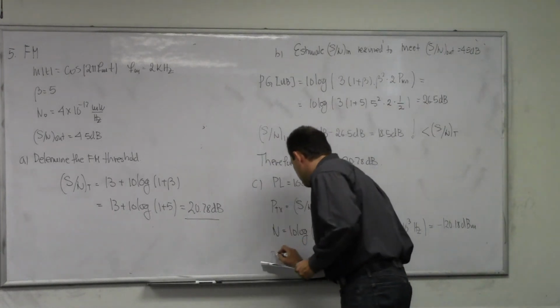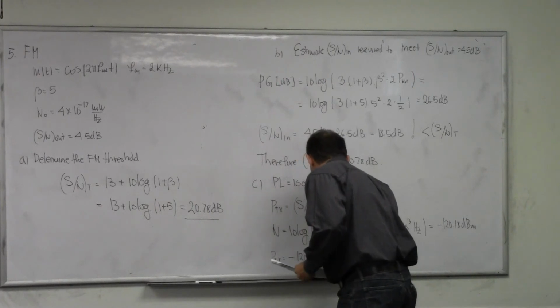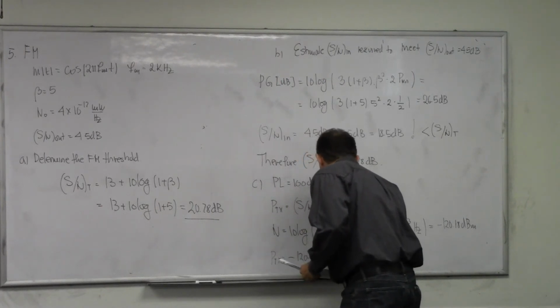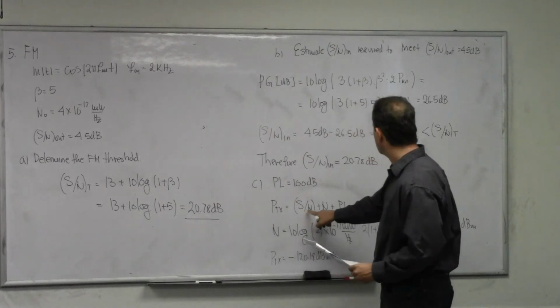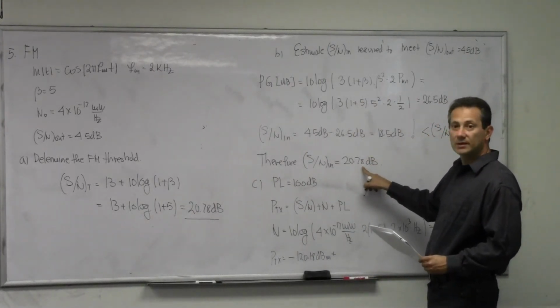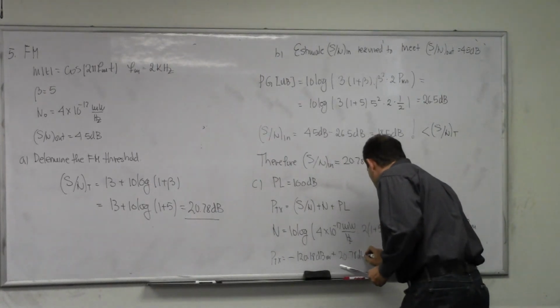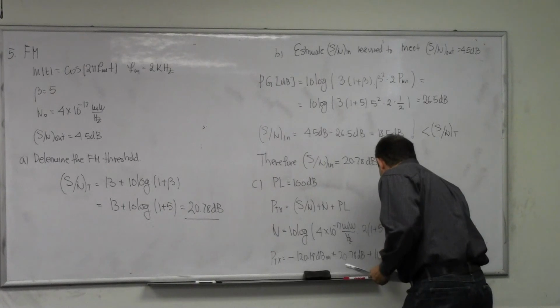I can say that the transmit power is going to be minus 120.18 dBm, plus the signal to noise ratio, which now needs to be at least 20.78 dB. And then path loss of 100 dB.